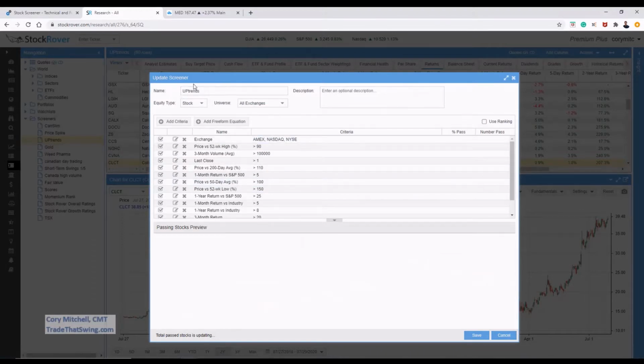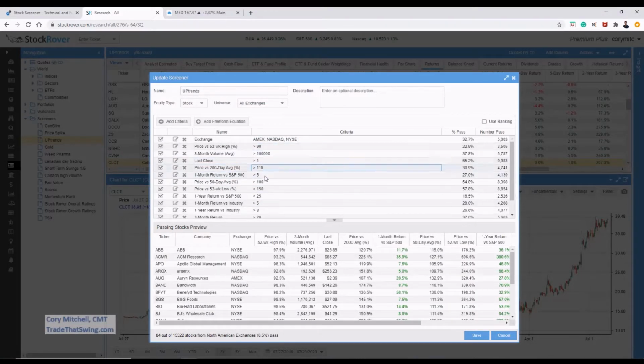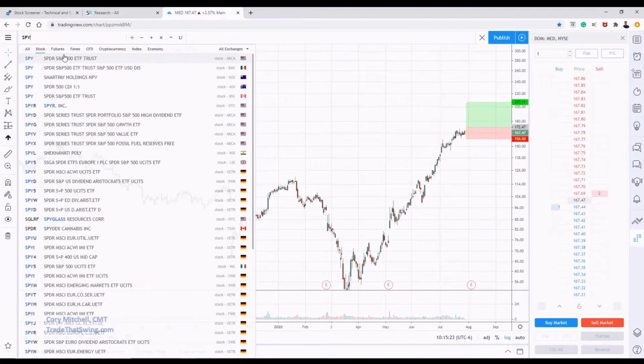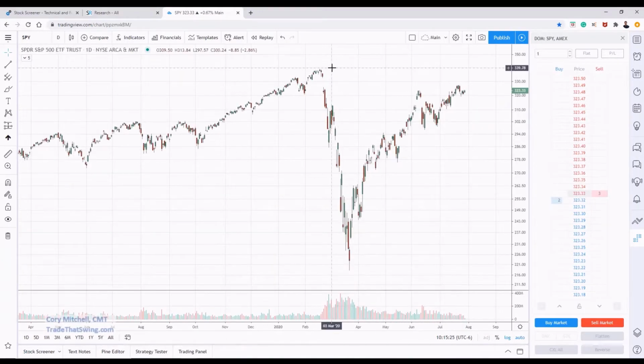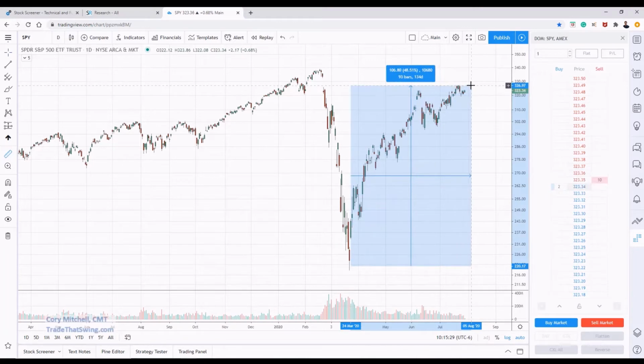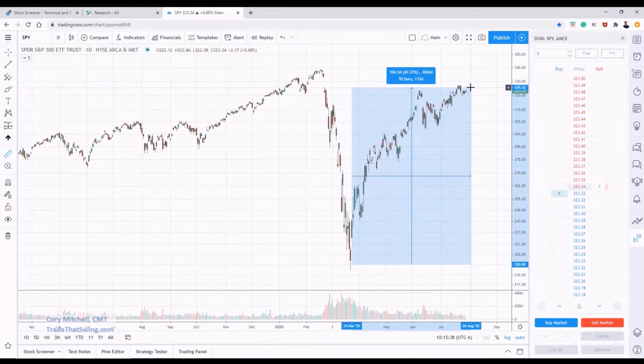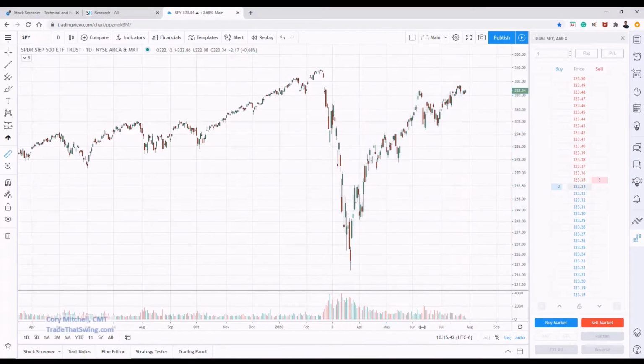So on this, I've just done an uptrend scan. This is basically just stocks in really strong uptrends that are strong relative to the S&P 500. So we can see the S&P 500 has basically moved up 40% off its lows in March. This was due to the coronavirus fears. And 40% in about 4 months.